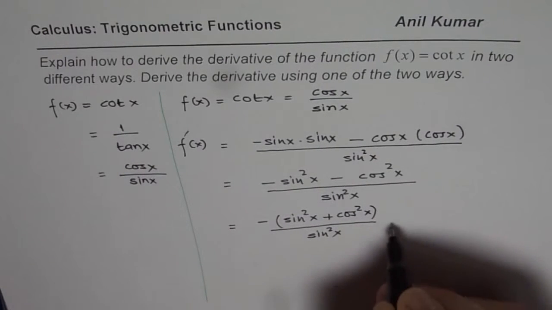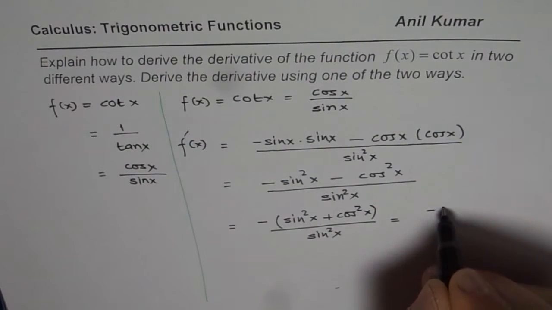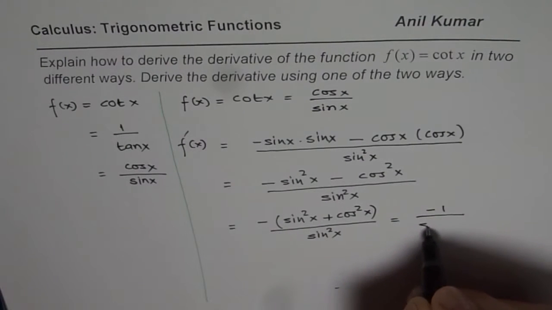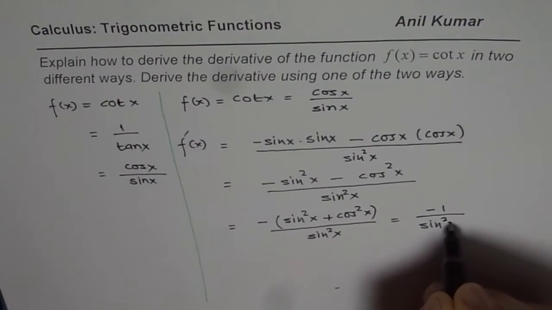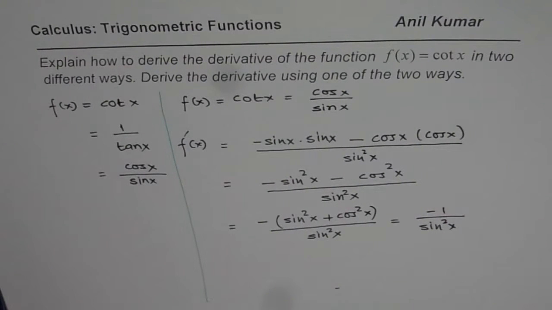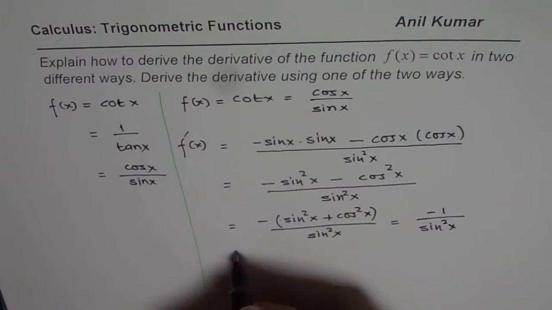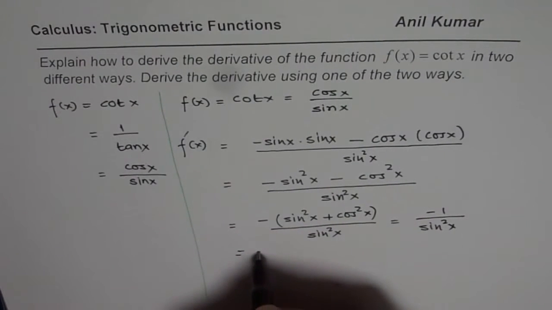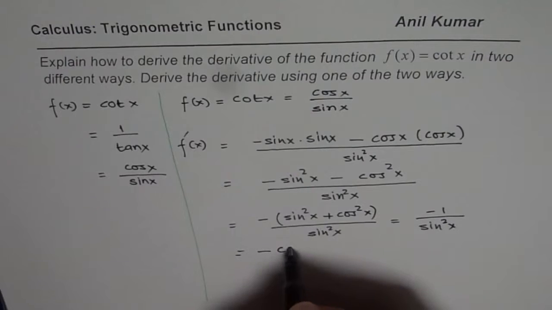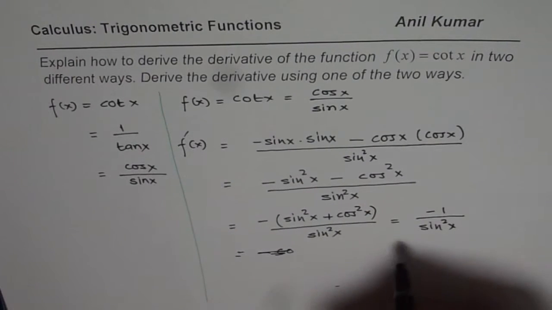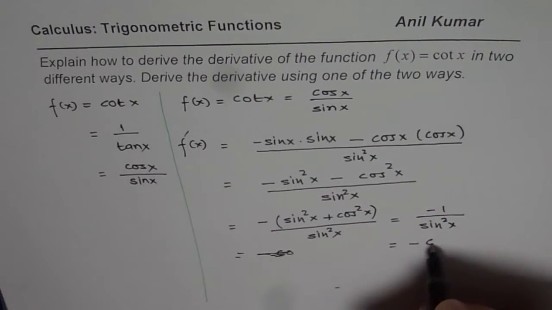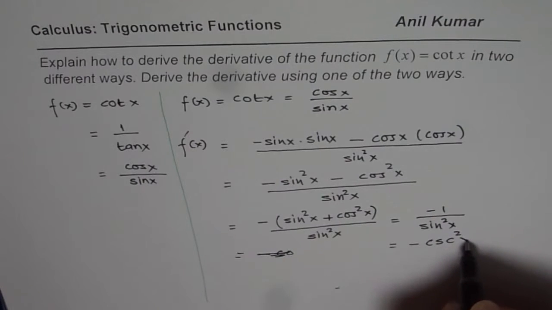Now sin square x plus cos square x is 1, so we get minus 1 over sin square x, correct? Now 1 over sin square x is cosecant square x, so we can write this as equals minus cosecant square x, right?